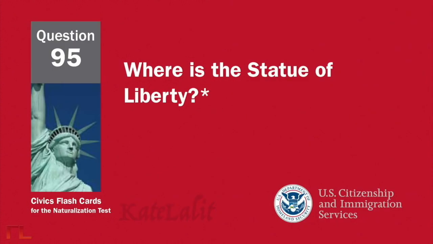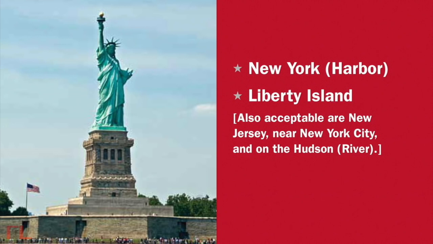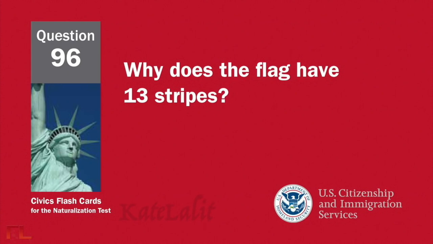Where is the Statue of Liberty? New York Harbor, Liberty Island. Also acceptable are New Jersey, near New York City, and on the Hudson River. Why does the flag have 13 stripes?